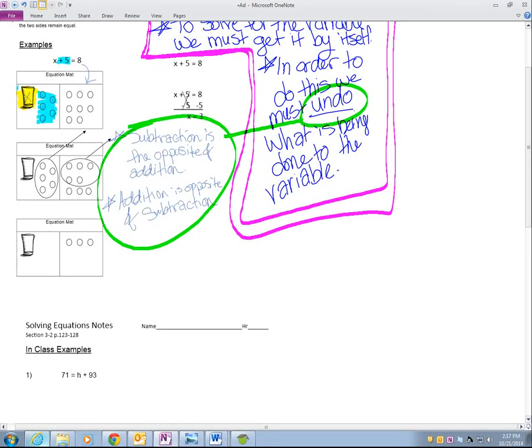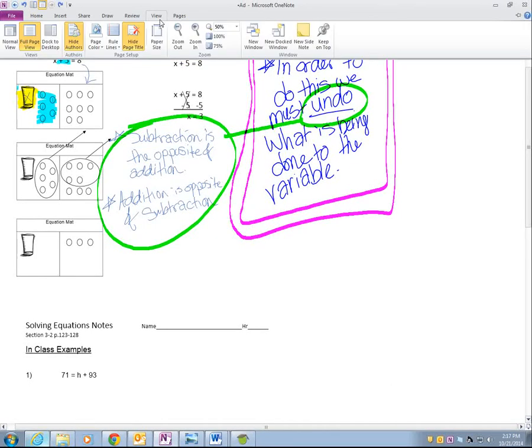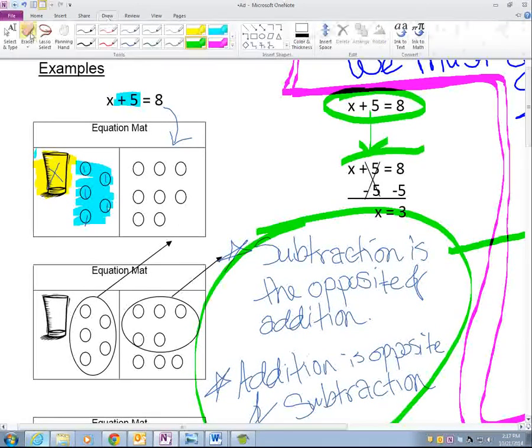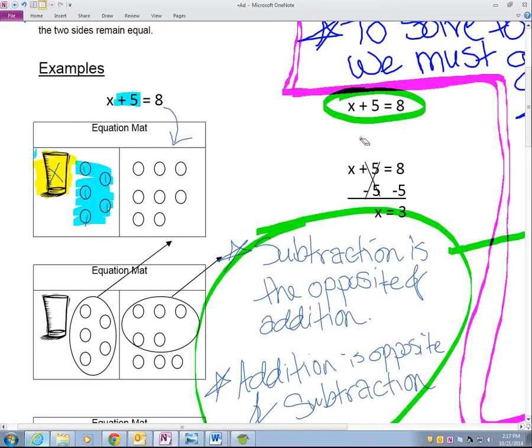What that has to do with it is this. We're going to zoom into this one right here. So here we have x plus 5. In order to get 5 to go away, we have to do the opposite of plus 5. And what is the opposite of plus 5, somebody?